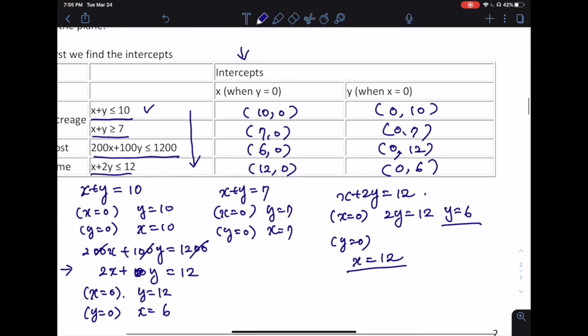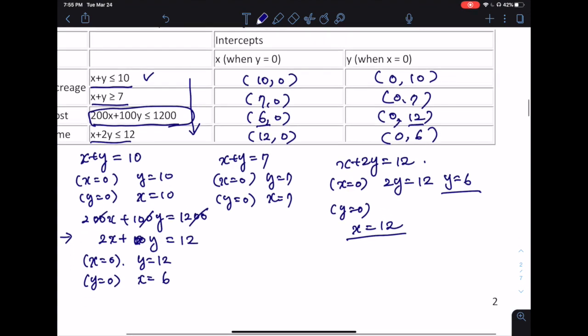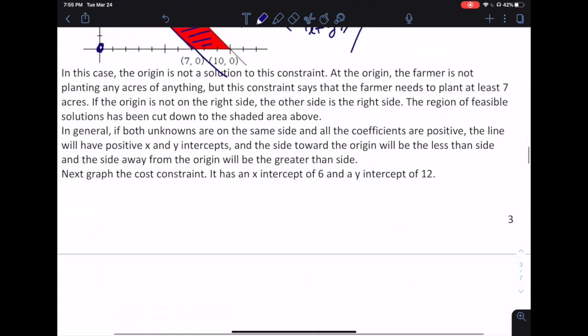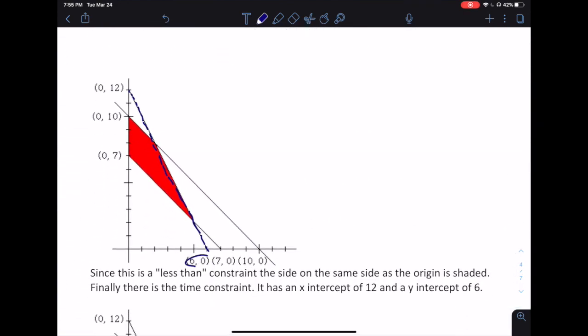We have this constraint, 200x plus 100y is less than or equal to 1200. So 6 and 12 are the intercepts. Based on this, we have this line, 6 and 12. And since the constraint is less than or equal to, we have to include this area. So far we have this feasible region.